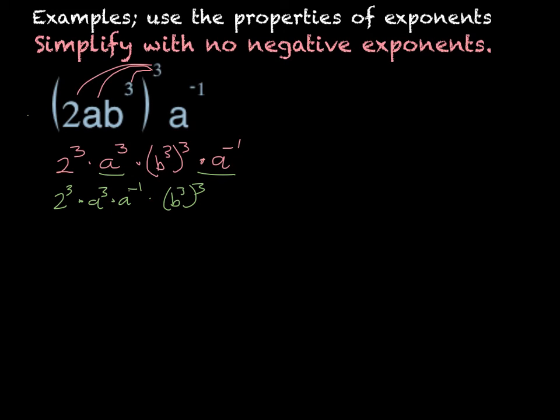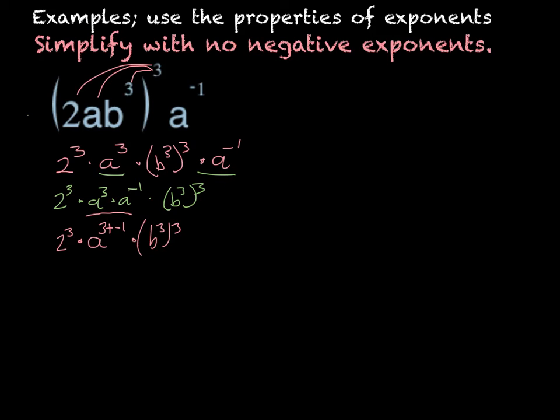So when we simplify, we have product of powers. So that's going to give me the 2 cubed times a to the 3 plus a negative 1, which is also going to be times my b cubed cubed.